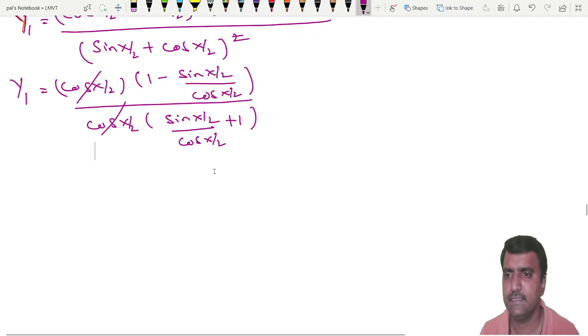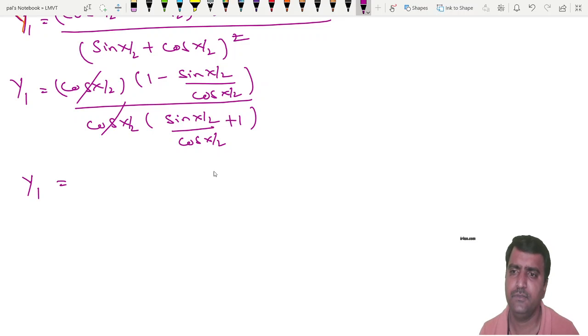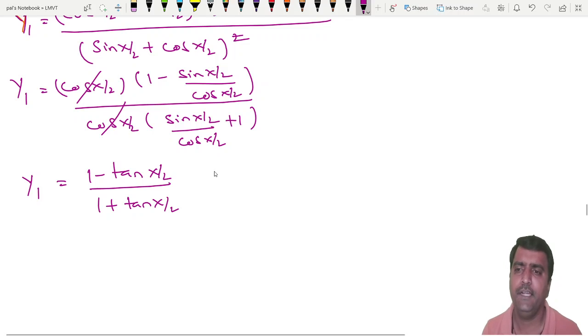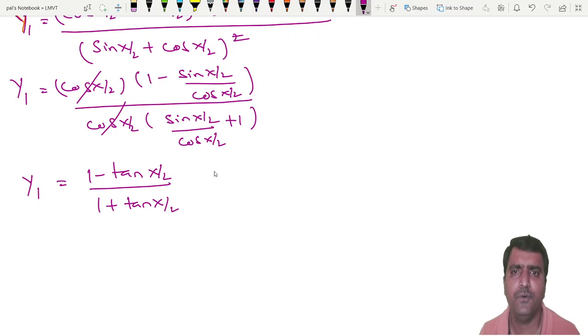y1 can be written as y1 is equal to 1 minus tan x by 2 divided by 1 plus tan x by 2. Now you can write it. And you can write that 1, this 1, you can write it is tan pi by 4, 1 can be written as tan pi by 4, or you can use the direct formula.